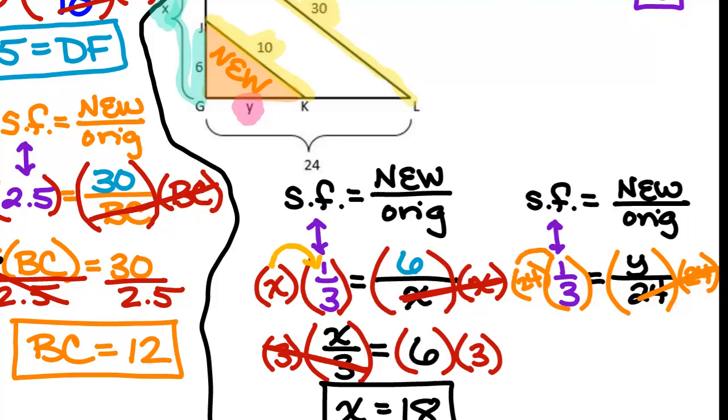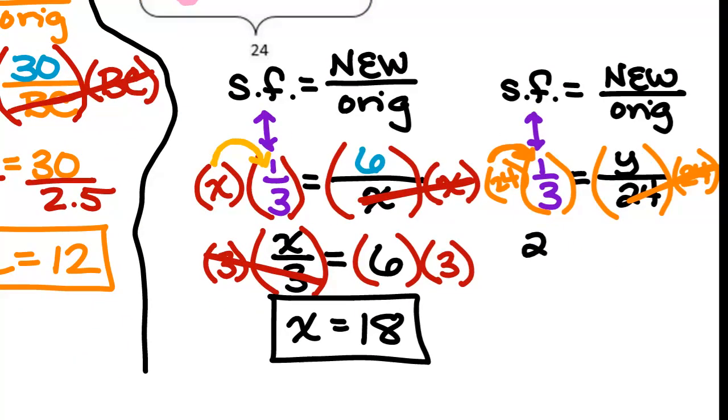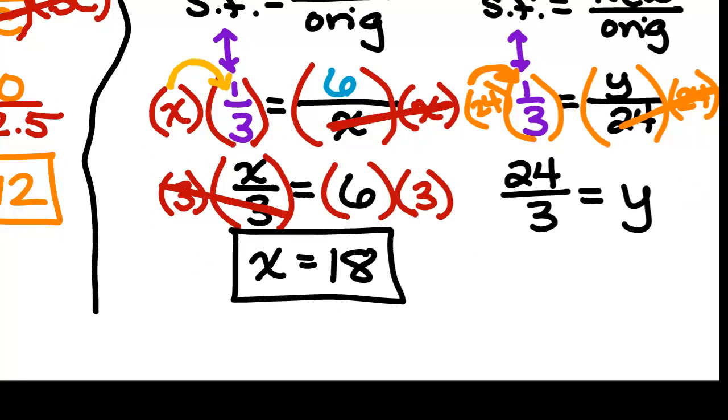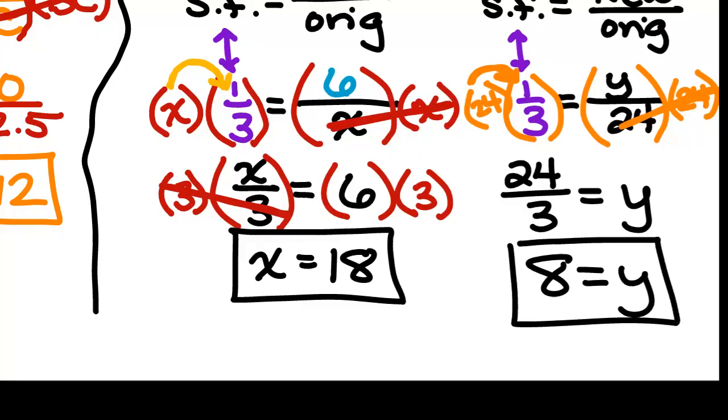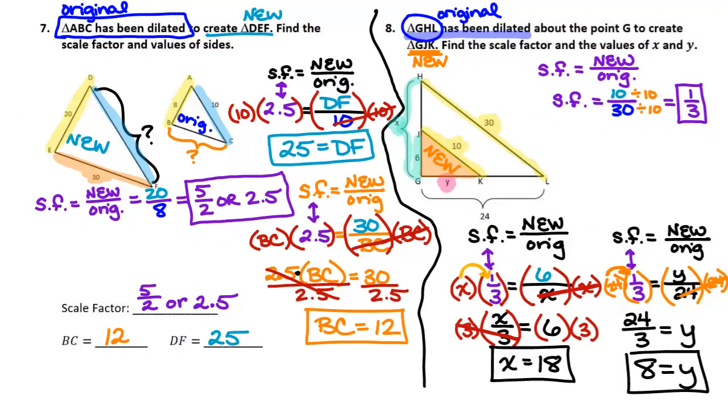The 24 over here on the left only multiplies to my numerator of 1. So that would give me 24 over 3 equals y. And now I'm going to divide 24 by 3 on my calculator. 8. So y is 8. Nicely done.